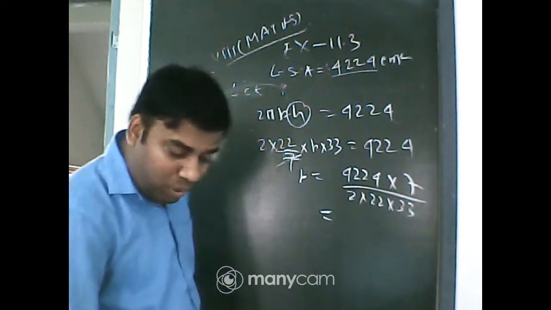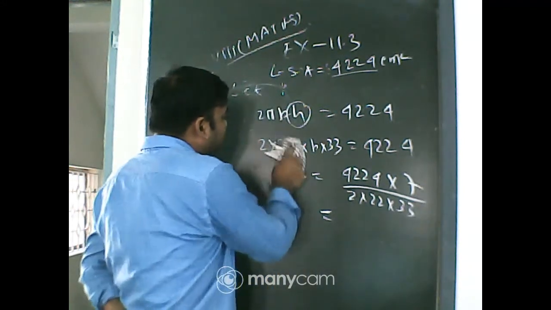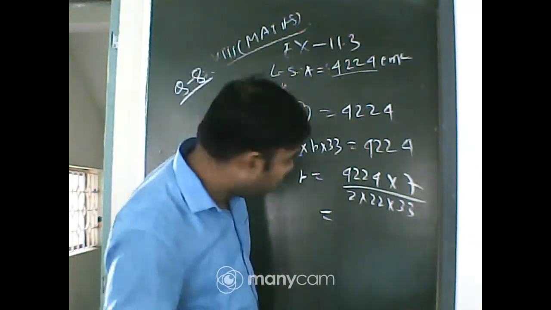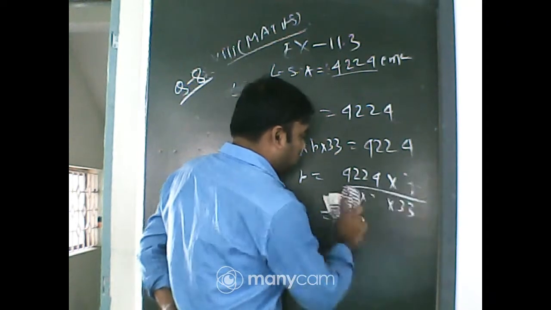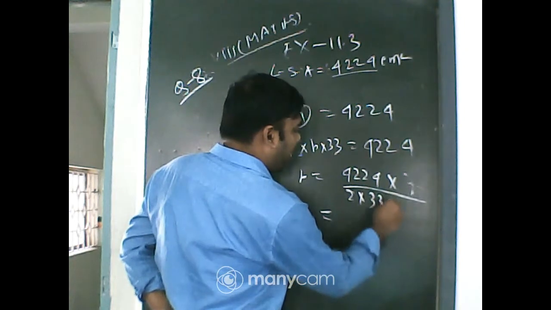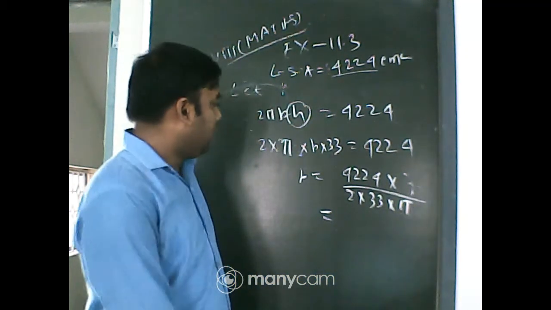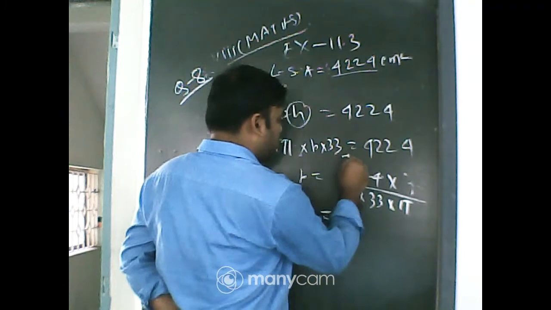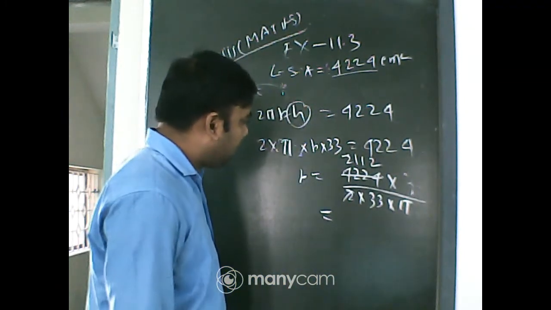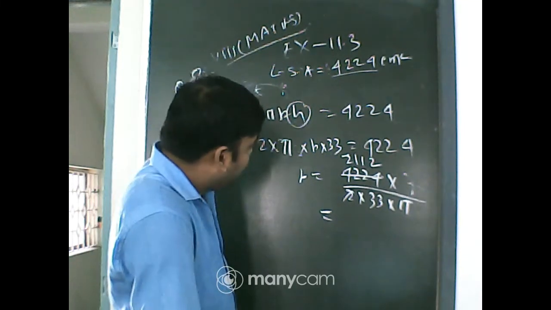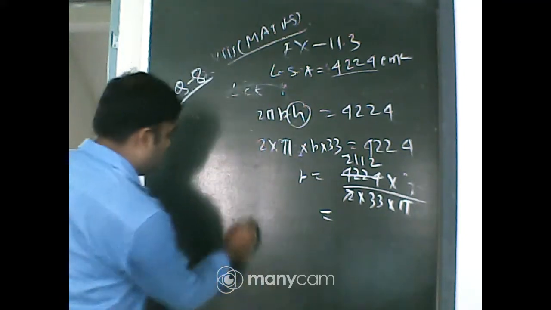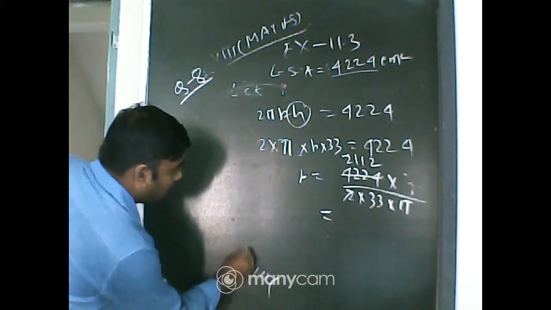Okay students, do one thing here. No need to put the value of pi. It will help you later. 2 into 33 into pi. Okay, just cut it. So you will get 2112, and after 2112, that 33 you will get 21, 21, 12 and 33.